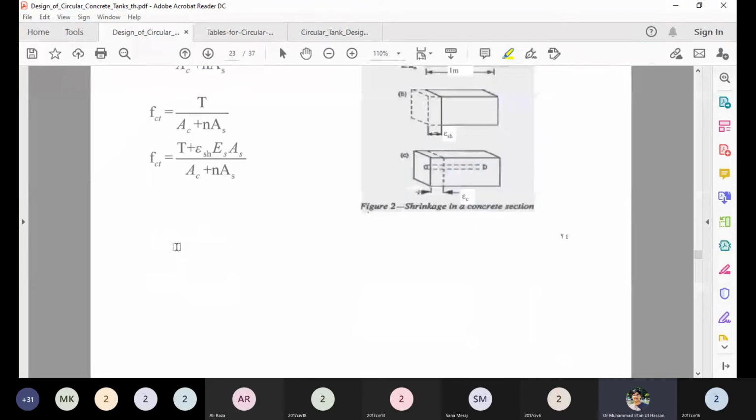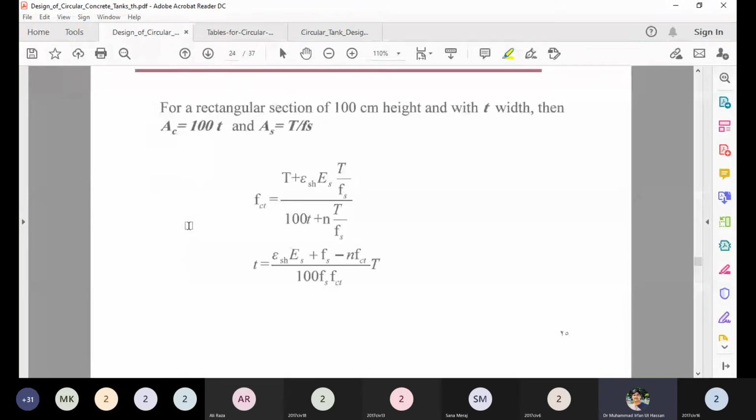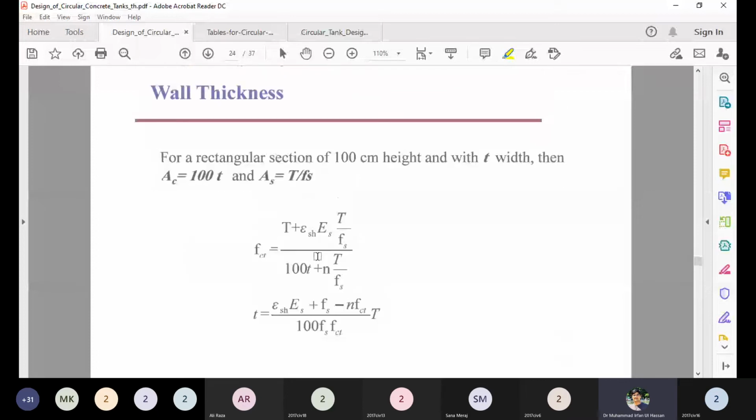And if you want to compute the thickness directly, you can do it just by putting the AC value. Let's say you are computing the thickness for a 100 centimeter high concrete segment, then T is unknown and all other parameters are known. The FCT limiting tensile strain is also known. So you can bring the T on the left hand side and FCT on the right hand side.